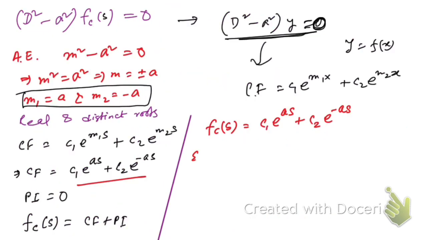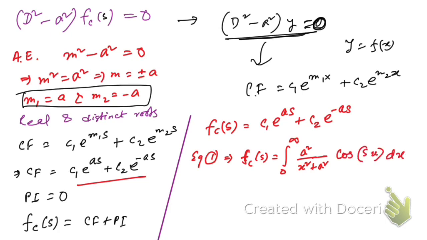From equation number 1, we have that small fc of s is equal to the integration from 0 to infinity of a square by x square plus a square, cos sx dx.